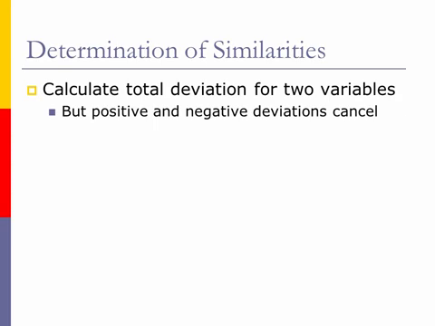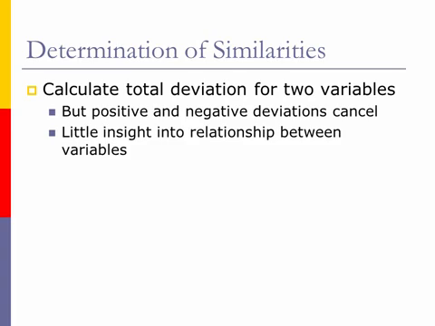So if you have numbers that are very, very negative, there's a negative correlation between two, and there's a huge positive correlation between the two. Those two deviations will eventually cancel out, and that will really hinder your ability to understand the relationship between those two variables.